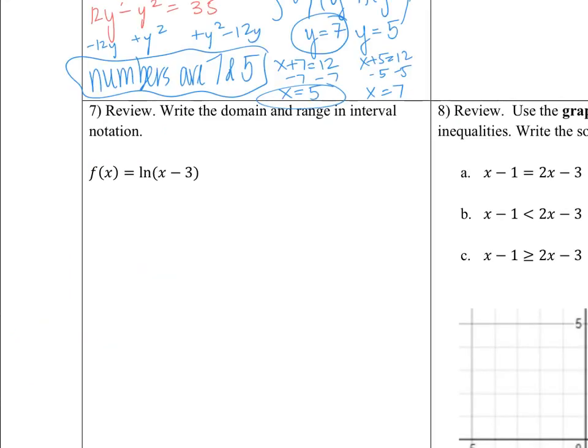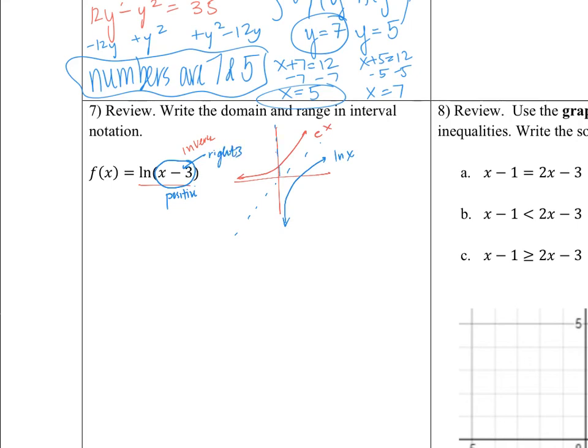So for number 7, we have a natural log. When I see natural log, I know that's the inverse of my exponential function. My exponential function, e to the x, shoots up like that. So I know the natural log function goes the other way over the line y equals x. I also remember that you can only take the natural log of positive values. The minus 3 inside is moving everything to the right 3 spaces.